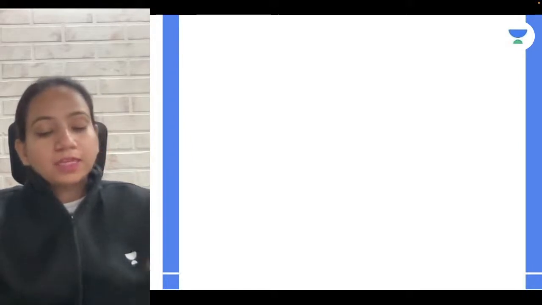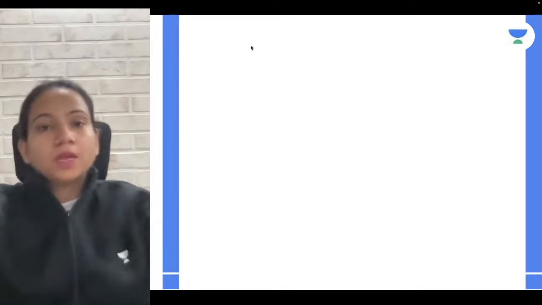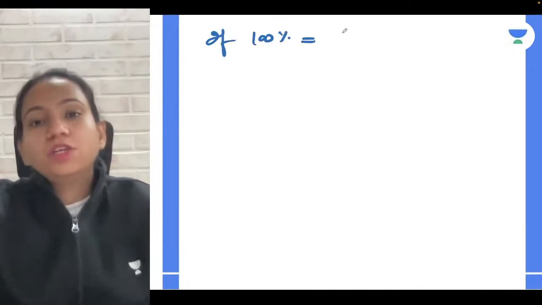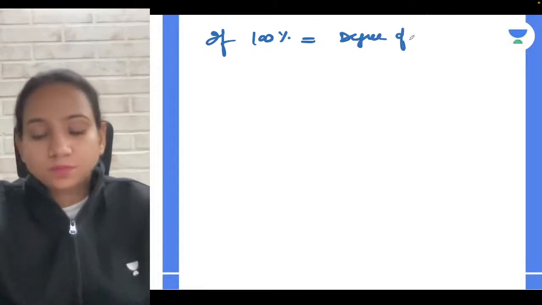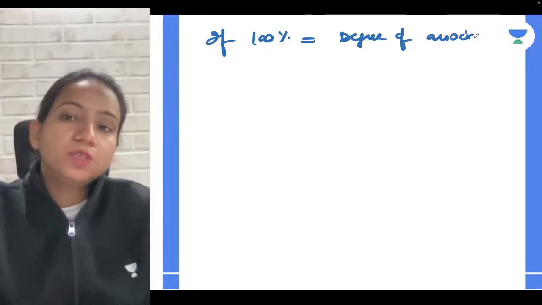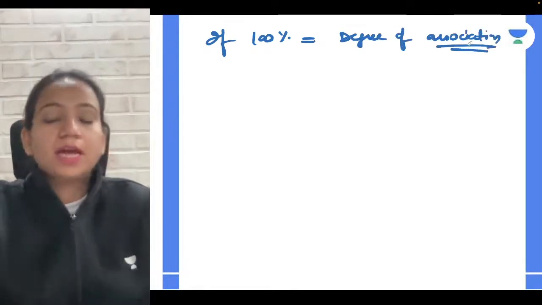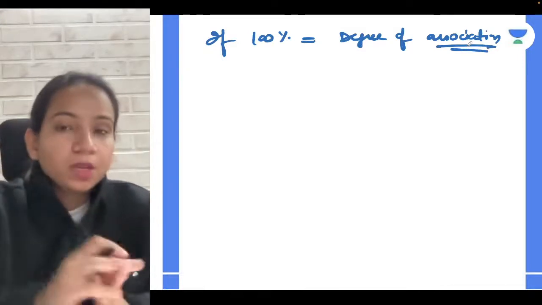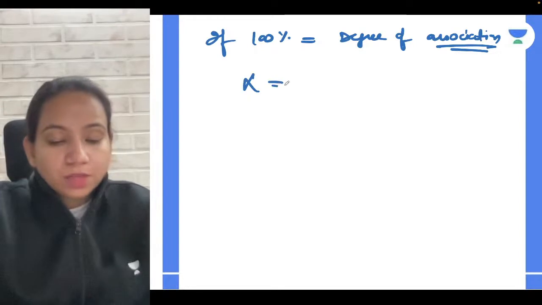I can give you a few things. If 100% degree of association is given, that a substance is 100% associated, meaning the molecules have combined completely, then alpha is equal to 1.